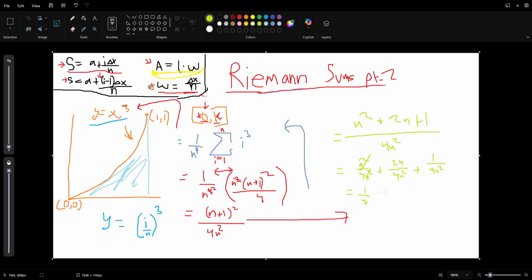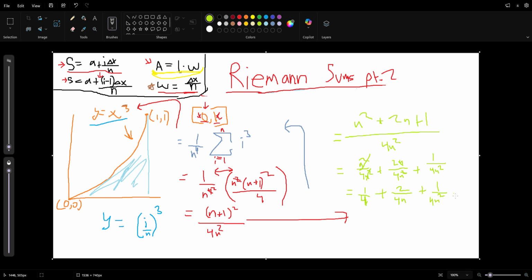Now we can get rid of the n squareds. We can do 1 over 4, and the n squared cancels. So this will be plus 2 over 4n plus 1 over 4n squared. Now, this is what the Riemann sum is equivalent to.